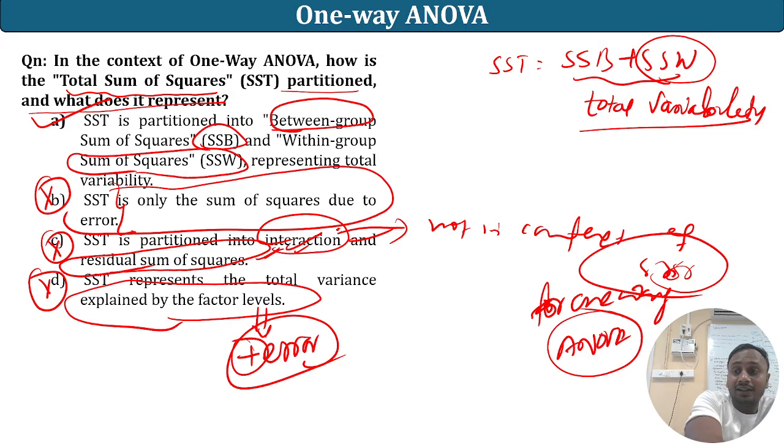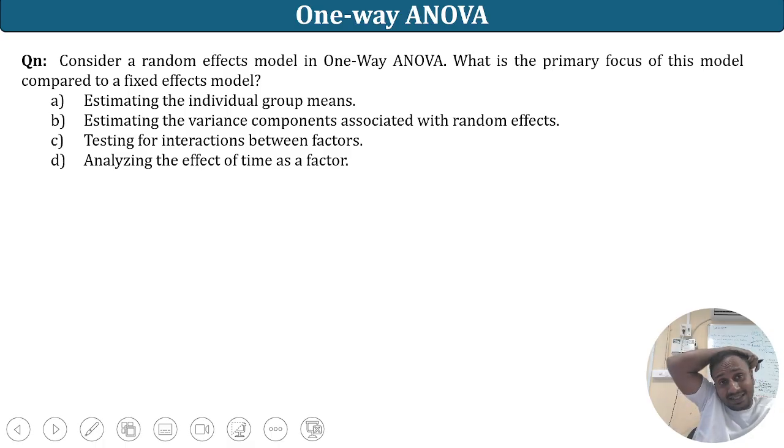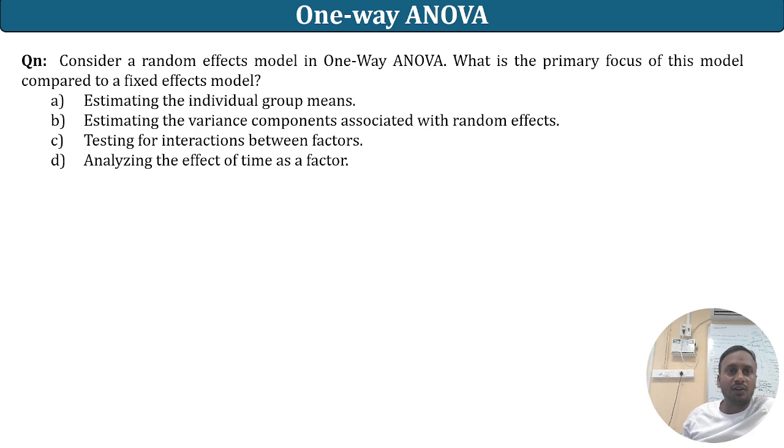Shall I go ahead? Yes, sir. So this is the same thing I explained also. Next, consider a random effect model in one-way ANOVA. What is the primary focus of this model compared to the fixed effect model?